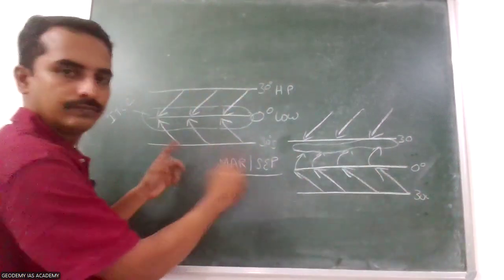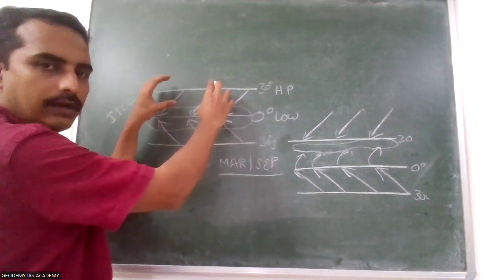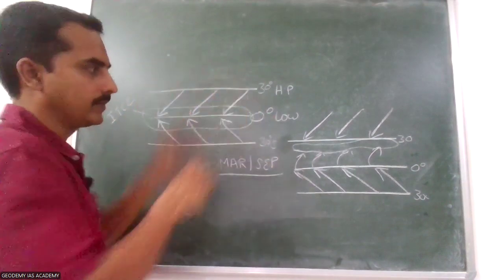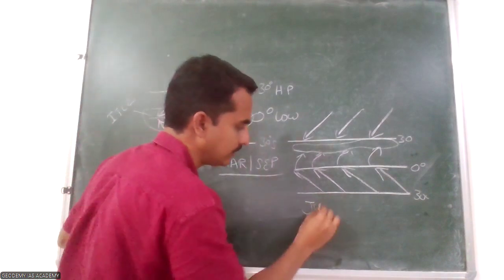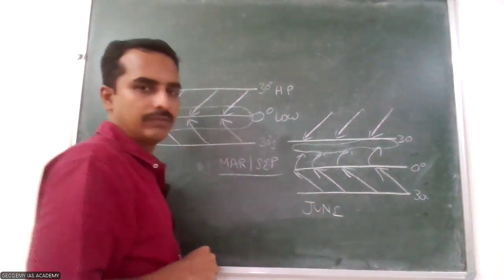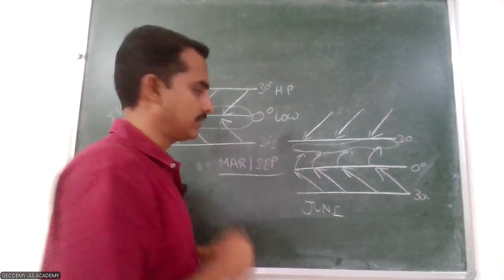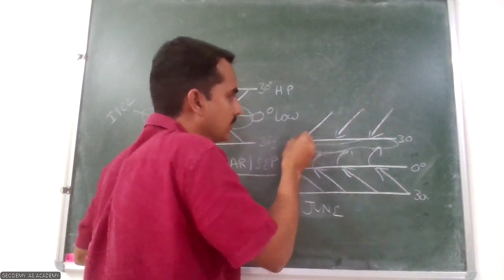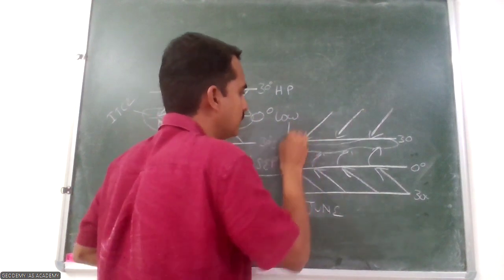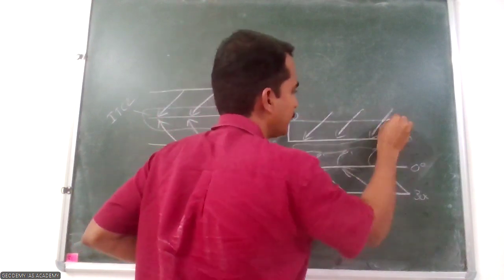Now compare these two. Okay, the belt has shifted to the north. Okay, so that's why it occurs in June month, right? Summer month, northern hemisphere summer month. So in the summer month, what happens? The trade wind actually shifts to the north, and in this part, the Mediterranean region is located.